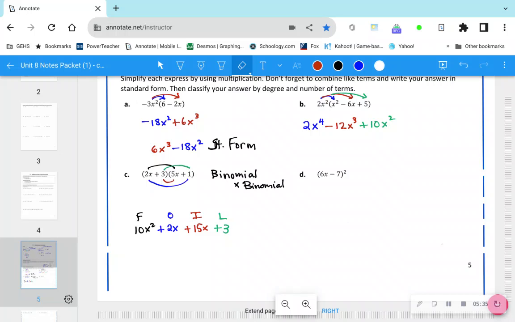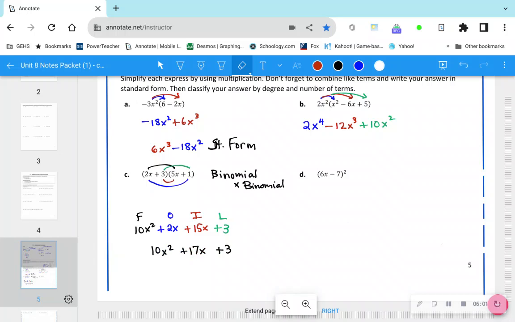The inside pair gives 15x, and last times last would be 3 times positive 1, and that's just 3. Now, typically, the outside and the inside, they're usually the ones that combine because they're like terms, so the 2x and the 15x becomes 17x. So you've got some addition going on in the middle of this multiplication problem.